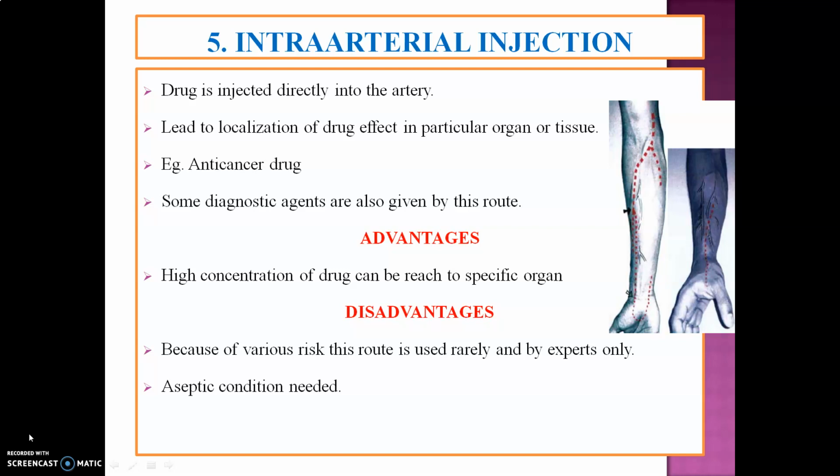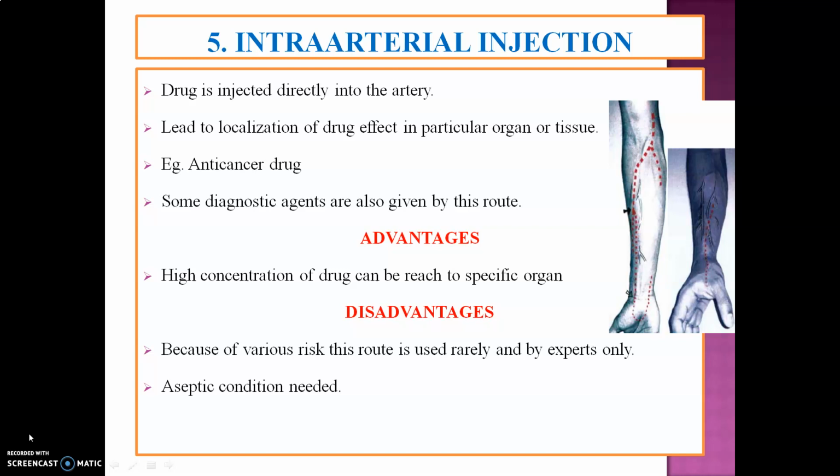As you can see in this picture, the red dotted line is showing an artery. You know what arteries and veins are. The drug which is directly injected into our artery is called intra-arterial injection.